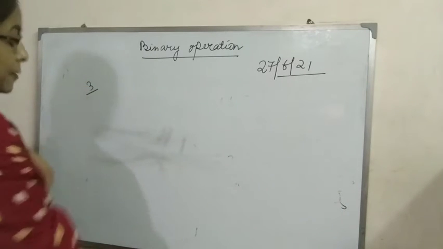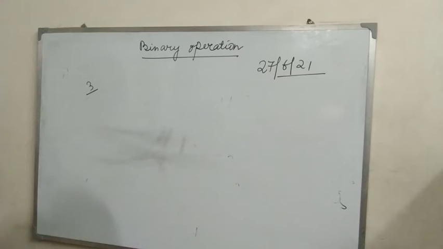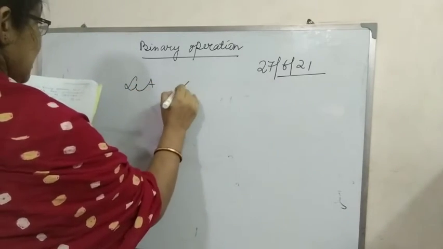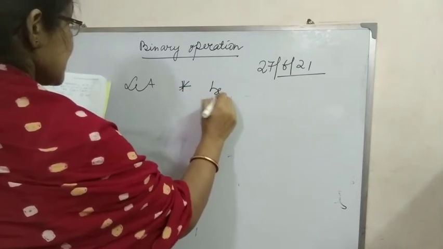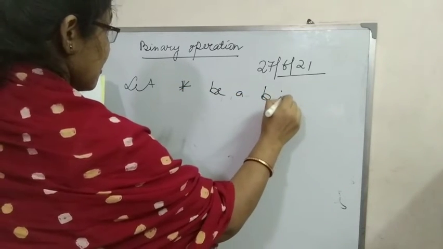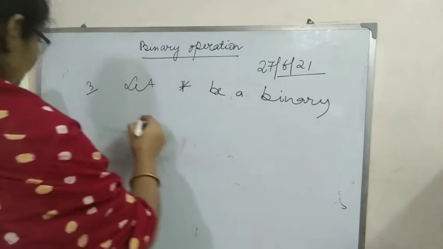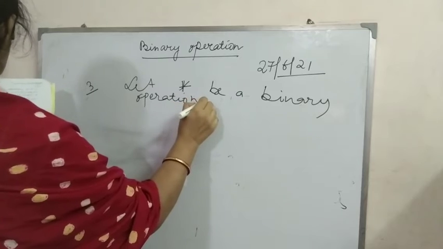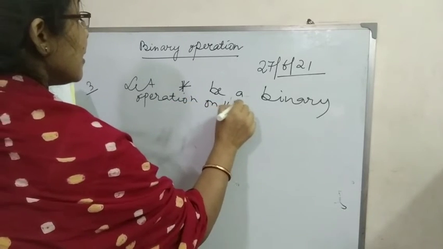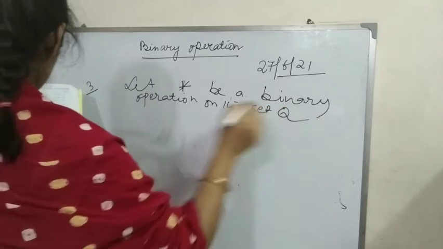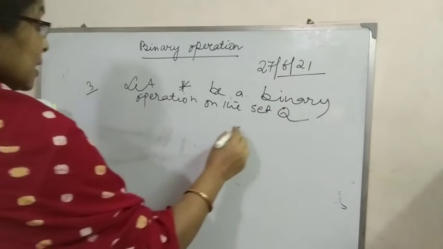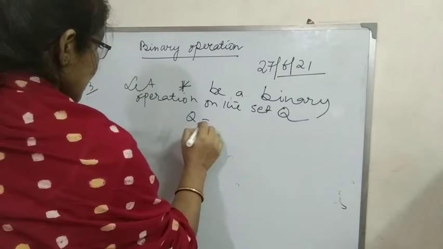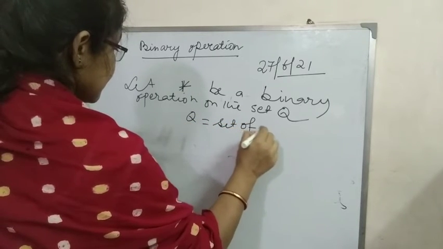Sum number 3. Let this be a binary operation on the set Q. Q is a set of rational numbers.